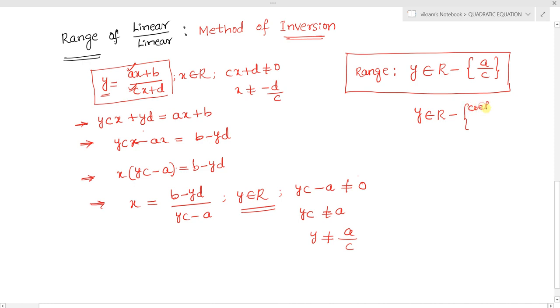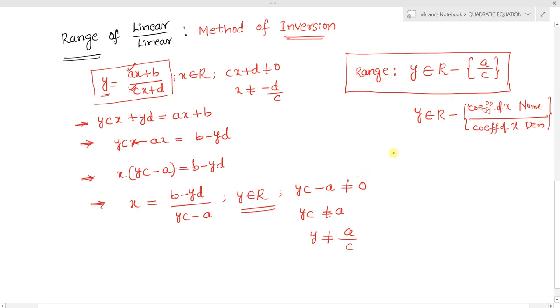Then we can write this as the coefficient of x in the numerator by the coefficient of x in the denominator.